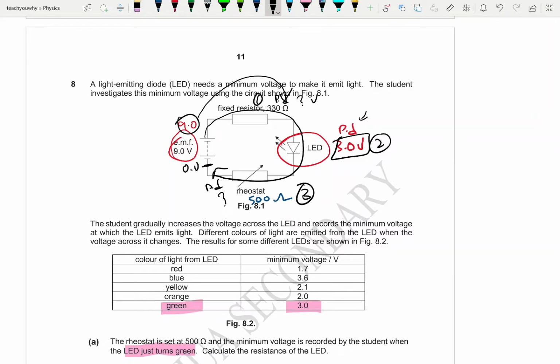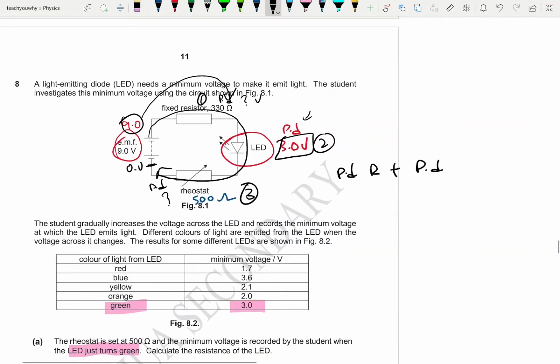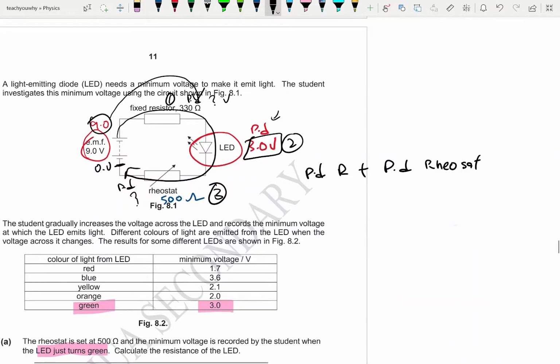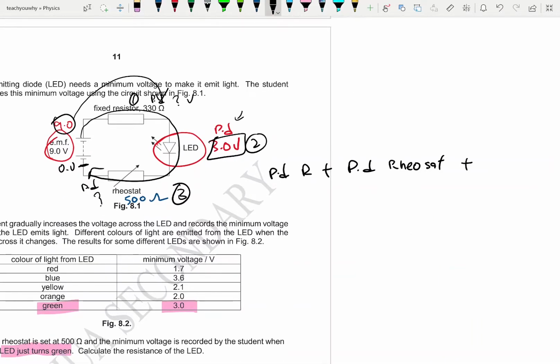So the PD of the rheostat plus the PD of the fixed resistor plus the PD of the LED added together must be equal to 9.0.